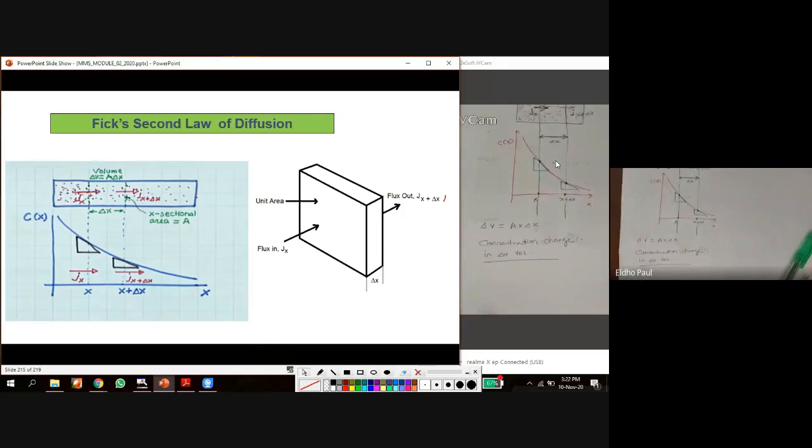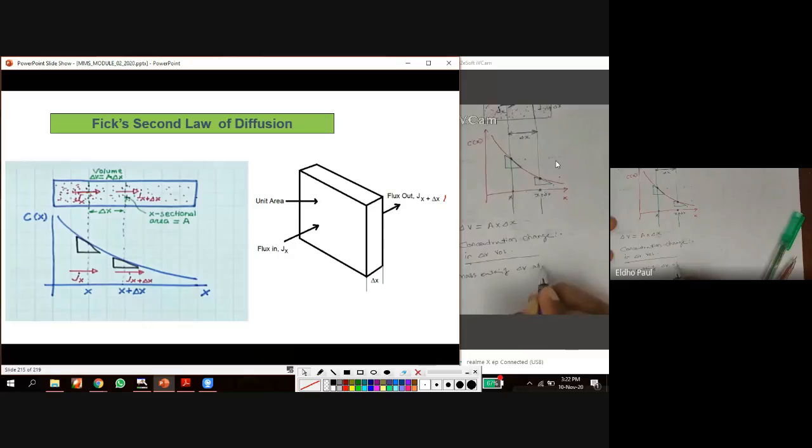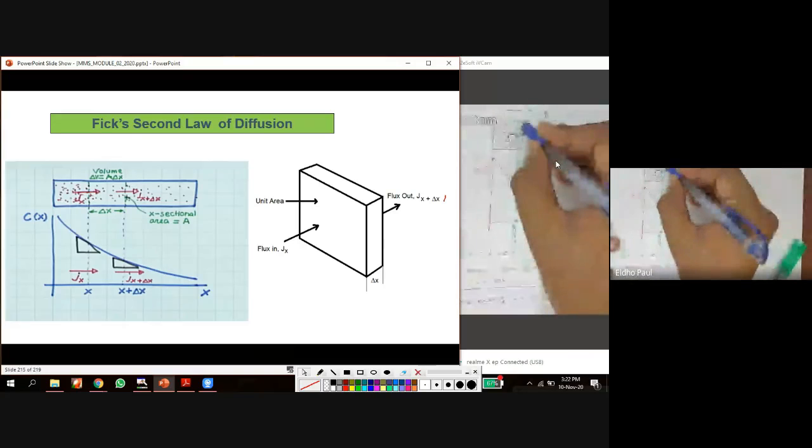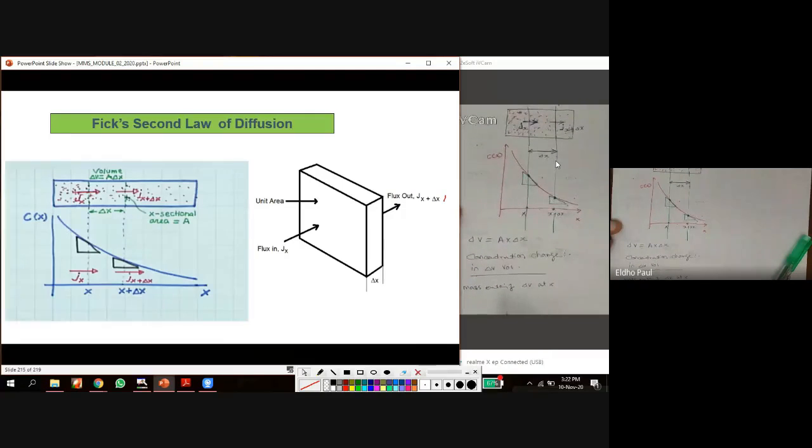Next I am going to calculate the mass entering delta V at this junction x. At this junction, how much mass is entering?